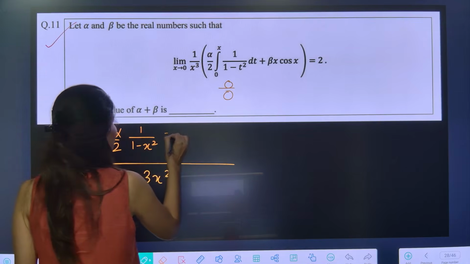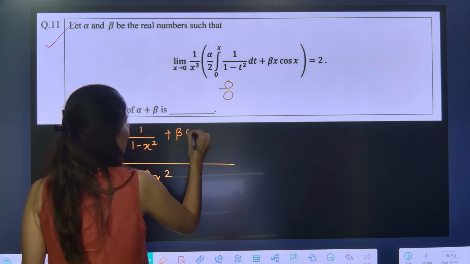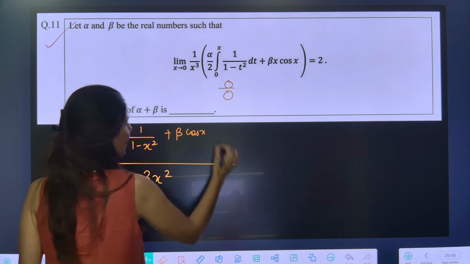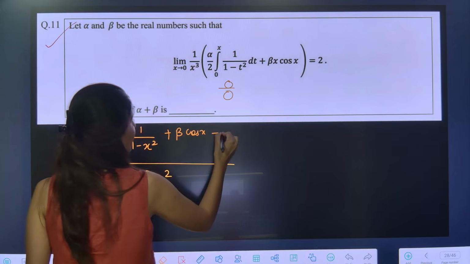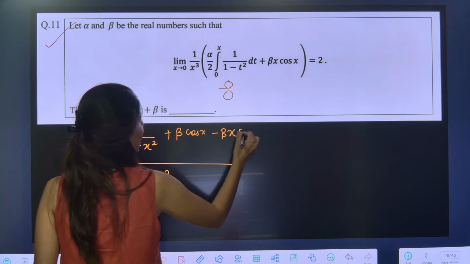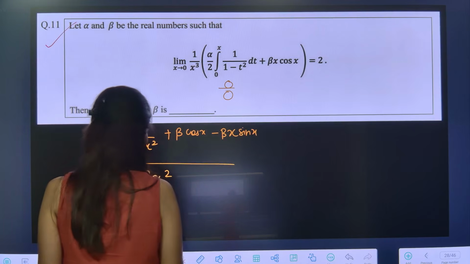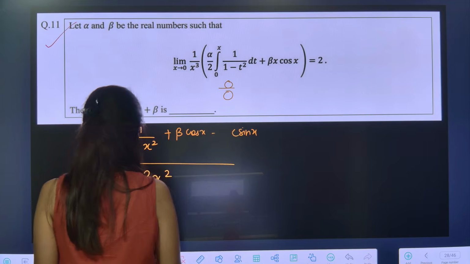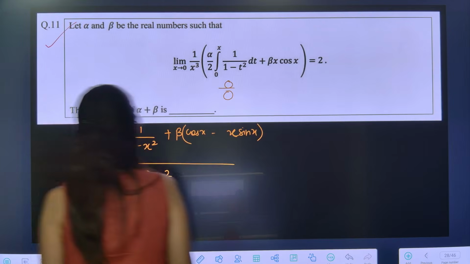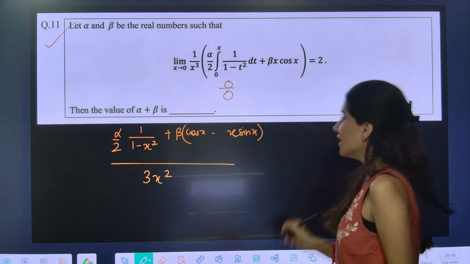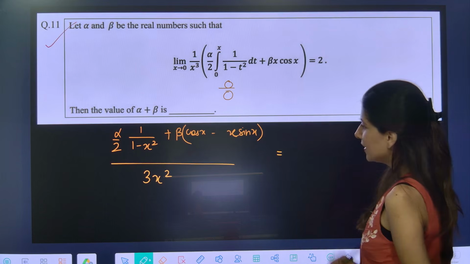Plus beta x cos x. So if I take cos x common, derivative of x is 1, chain rule, minus beta x sin x. Okay. So beta if I take common, this is how it will look like. Correct? Okay. Now what I'm going to do is take the LCM.